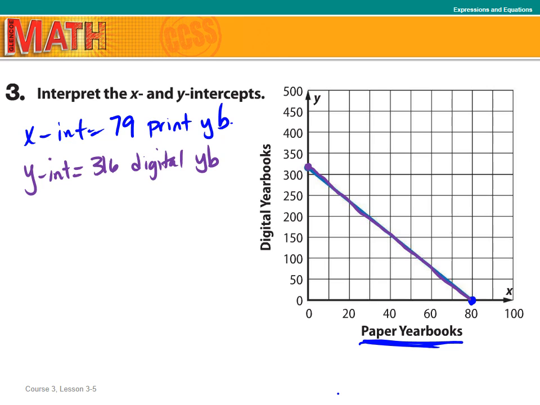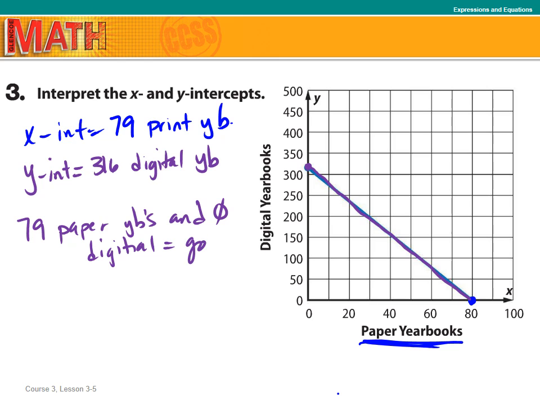What this means for paper yearbooks is that they can sell 79 paper yearbooks and 0 digital, and they would still make their goal.